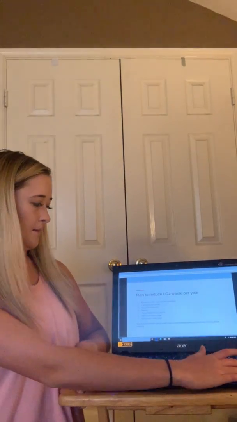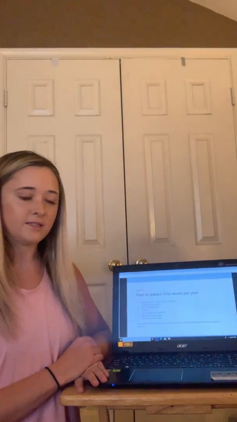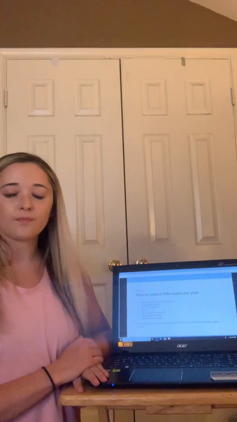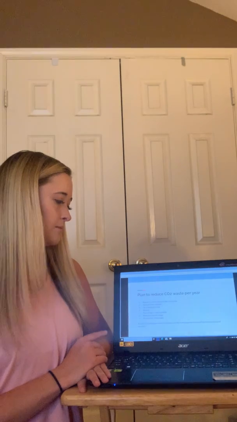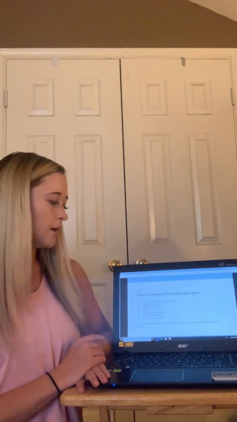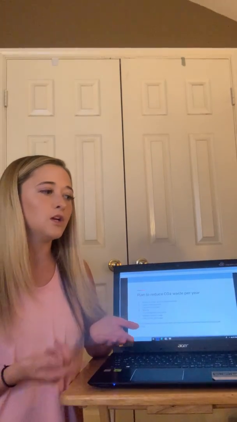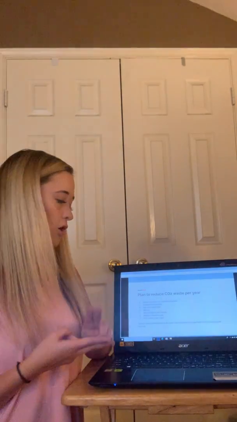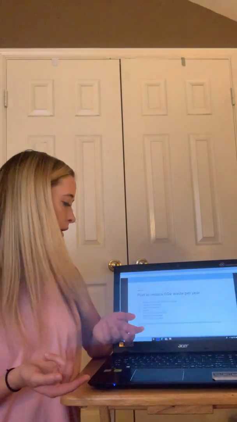Okay, so plans to reduce my CO2 waste per year. I was shocked to find that it really is the little things when it comes to being able to reduce CO2. For instance, reduce my trash, which I've already discussed, but this could mean just buying things that are only a necessity. Carpool whenever possible.